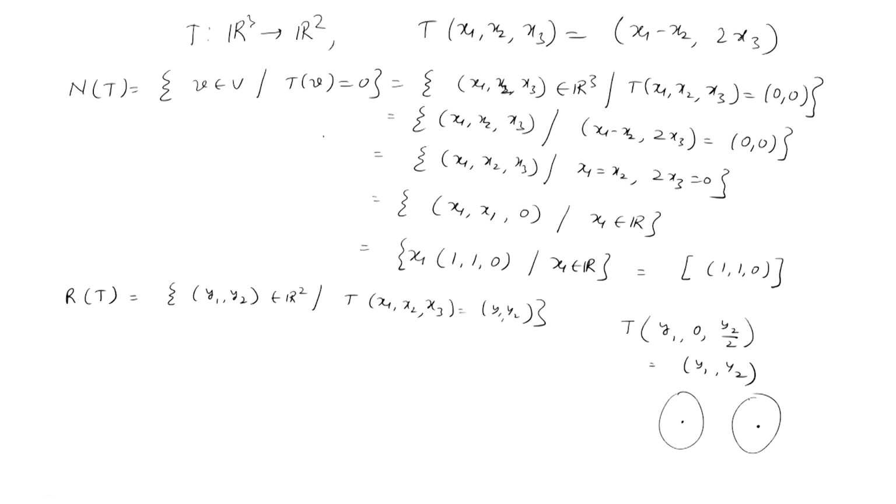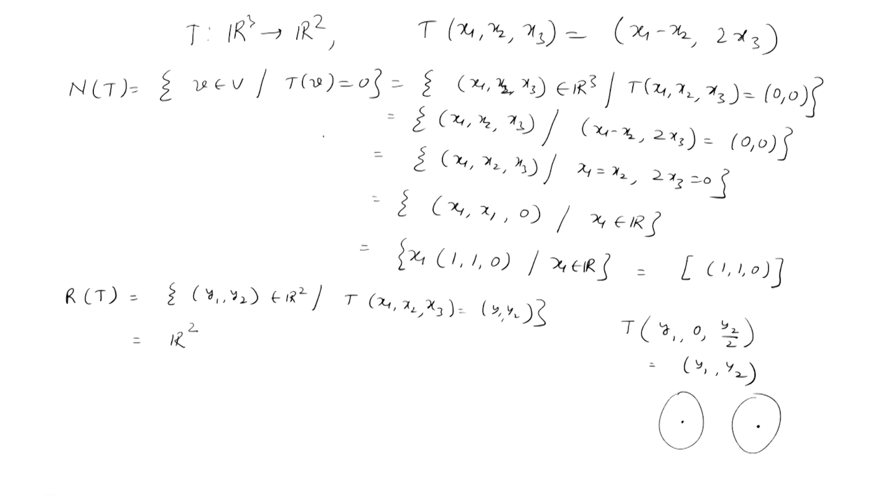That means this map is onto. Since this is an onto map, the range of T is nothing but the entire R2, because for any vector (y1, y2) in R2, there exists (y1, 0, y2/2) in R3 such that T of this is equal to this.